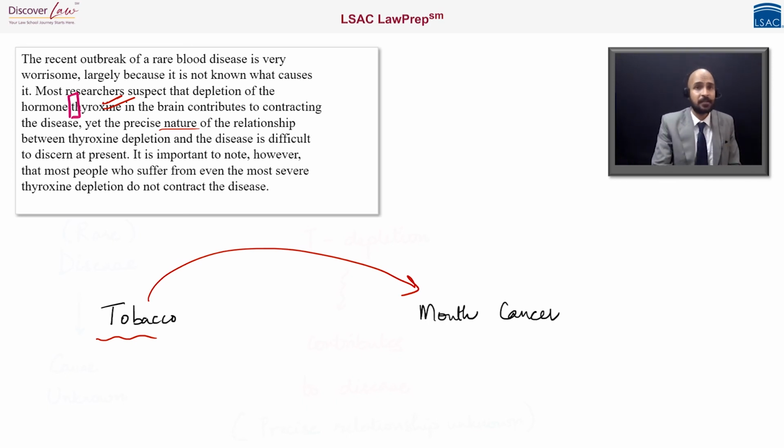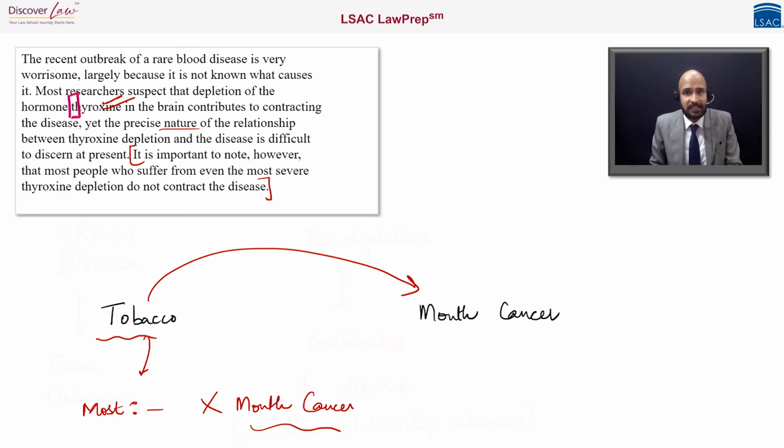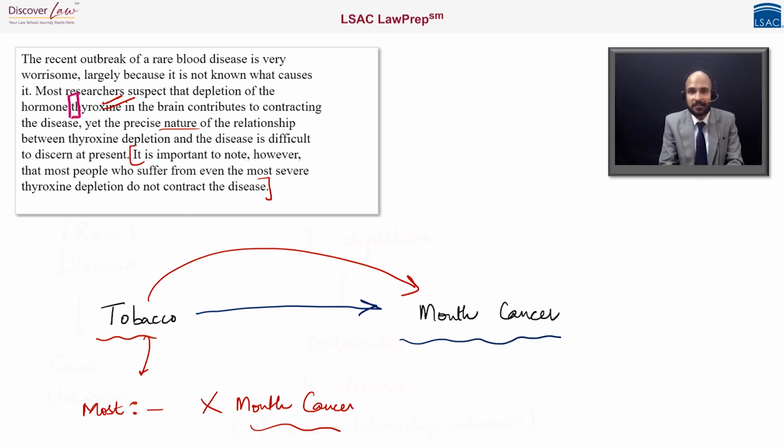The other thing you might know from experience is that most of the people who consume tobacco never contract mouth cancer. So as you can see, the relationship is directional. Tobacco is seen to have a role in mouth cancer, but that doesn't mean that a large number of tobacco consumers have it.